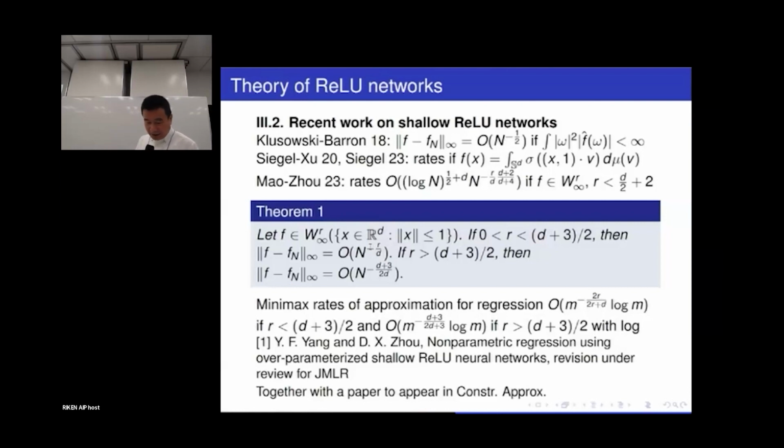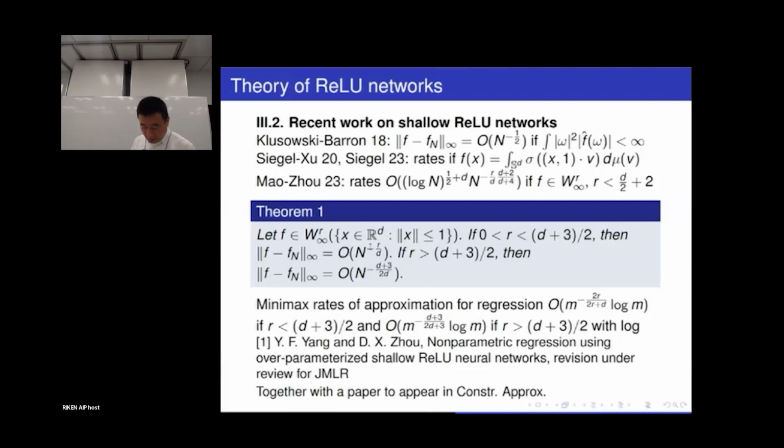And then Ziegler and Zhou showed that if the function f can be represented by neural networks of infinite width, then we can get rates of convergence. Our recent work is first a work with my former student Mao, and then another work with my former postdoc Yunfei Yang.